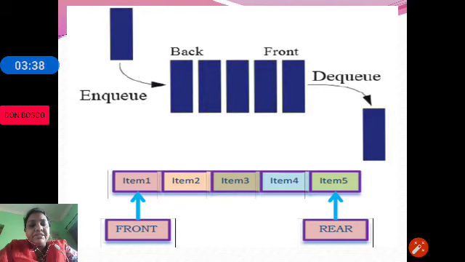NQ is adding an element. Where do we add? We add an element to the rear end of the queue. Similarly, in the DQ operation, when we delete an element, we delete it from the front end of the queue. And the last position is called the rear end, where the items get added.